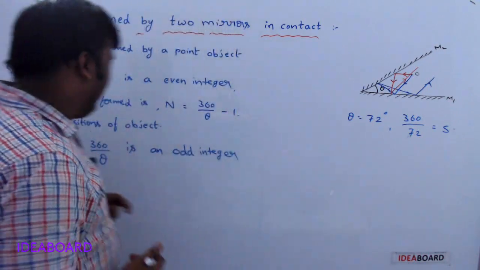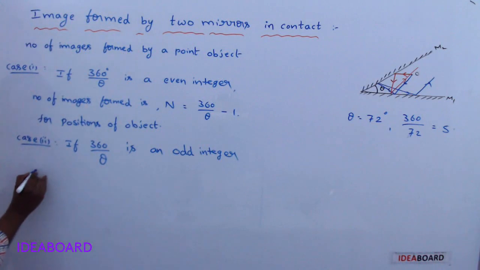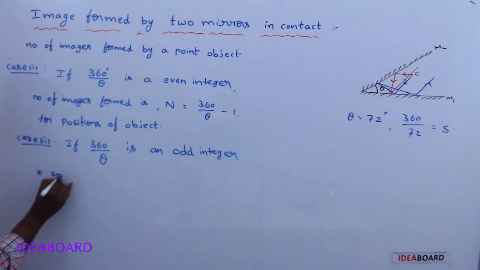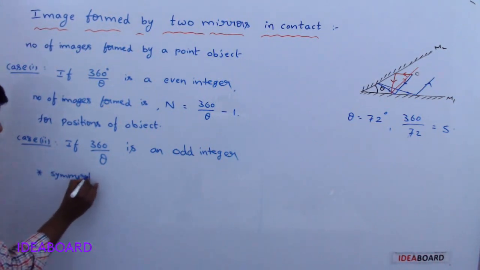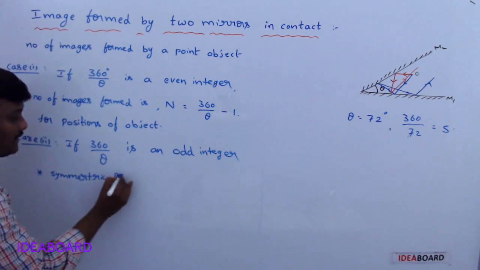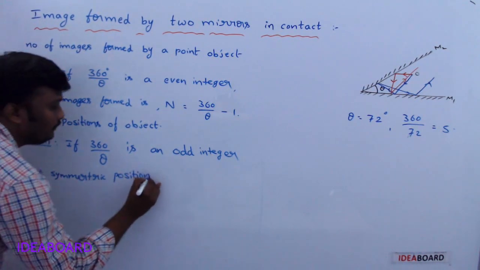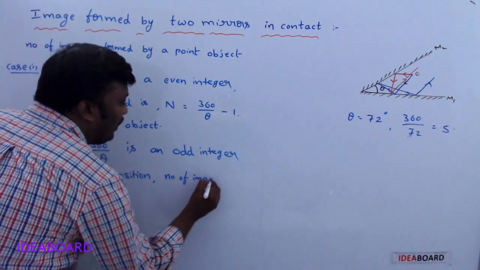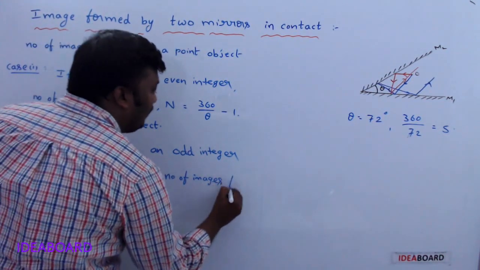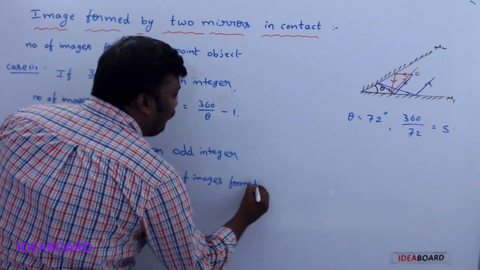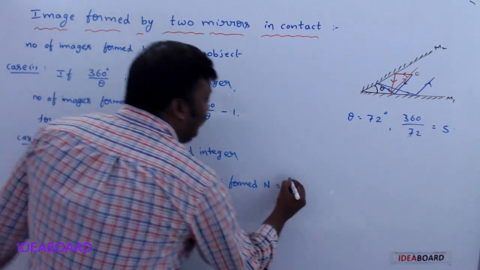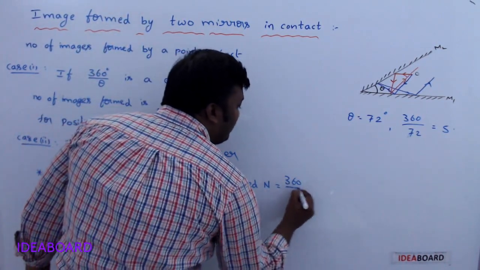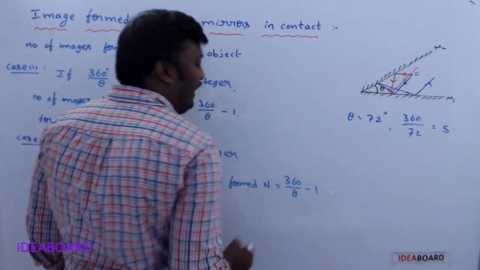It has two conditions. Listen carefully. The first condition is in the symmetrical position: the number of images formed is n equals 360 by theta minus 1.